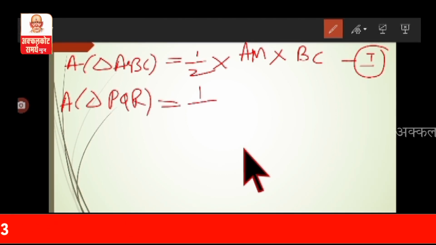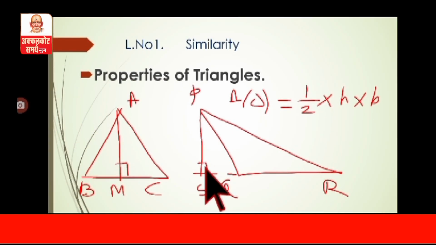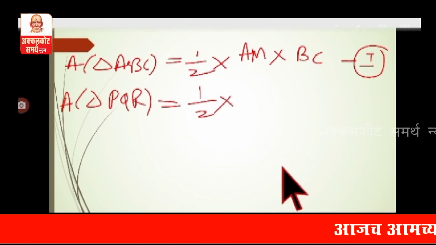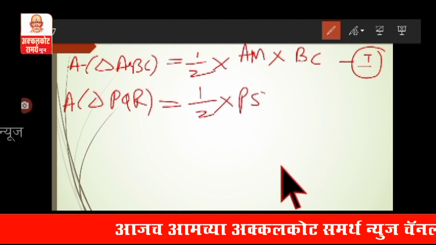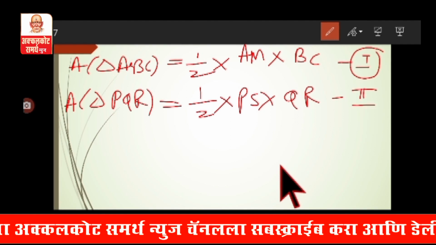There also it is half, and in this triangle PQR, PS is the height and QR is the base. So half into height PS into base QR. So this is your equation 2.